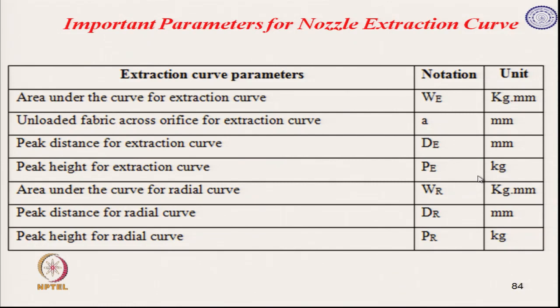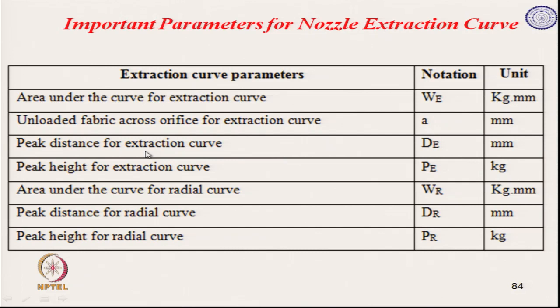From these extraction and radial curves we can get different parameters, like WE, the area under the curve for extraction. Then there is the unloaded fabric across the orifice for the extraction curve, that is the length in millimeter where no load is showing.